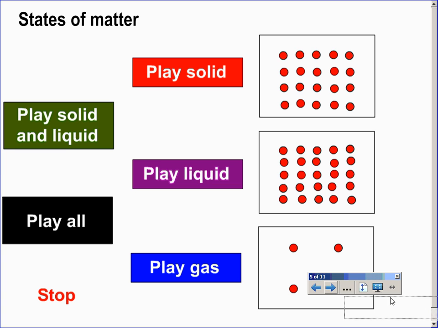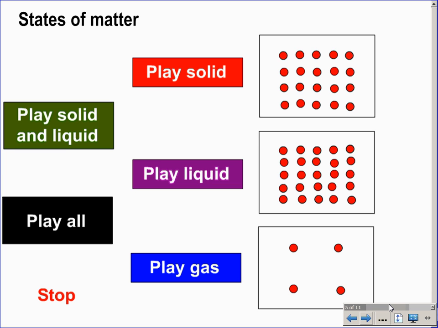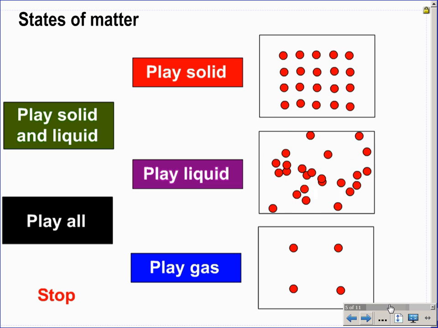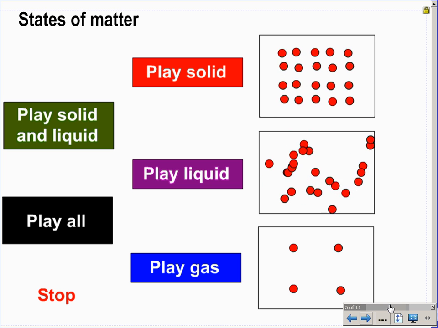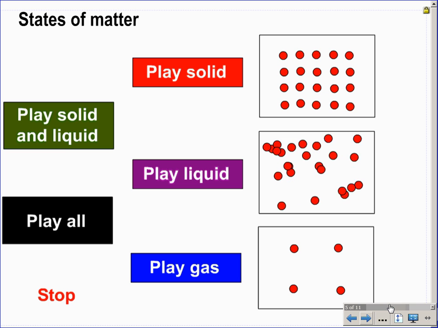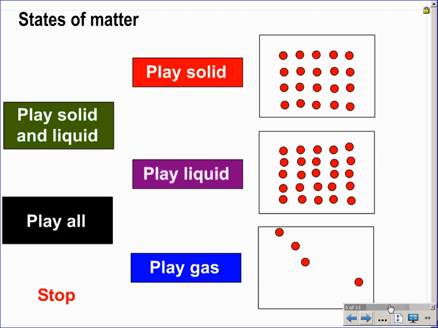All right, let's see what we have here, grade 7. So, solid and liquid. Play solid, play liquid, play gas. So what is this all about, grade 7? Well, you can see when we quick play here, I don't need to stop.